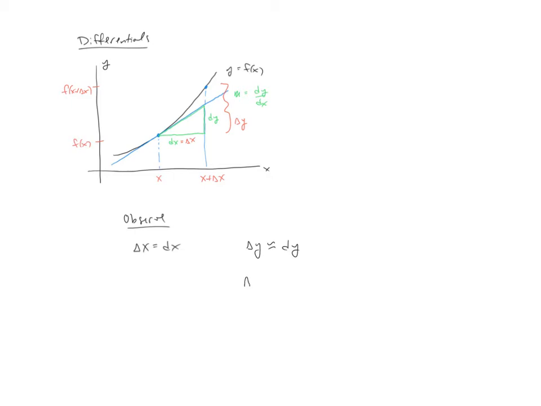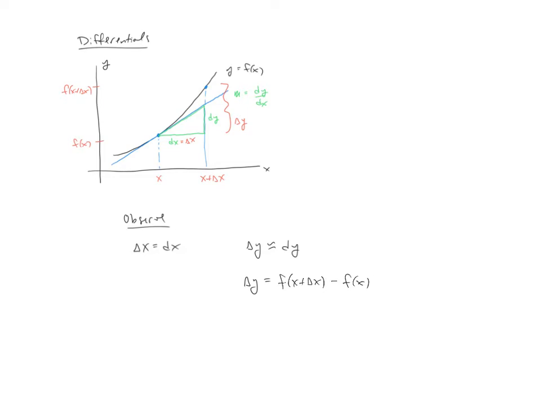So what is delta y exactly equal to? Well, delta y was defined as the true vertical distance between the 2 points, this guy up to this guy. So how far is it from there to there? Well, it's going to be f of x plus delta x minus f of x. And then what is dy?